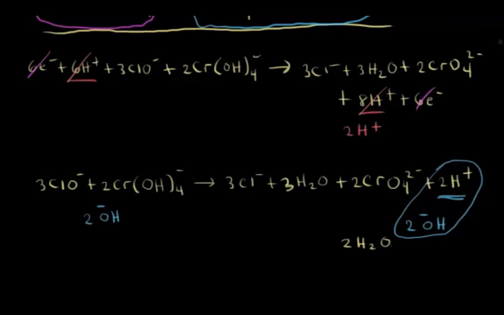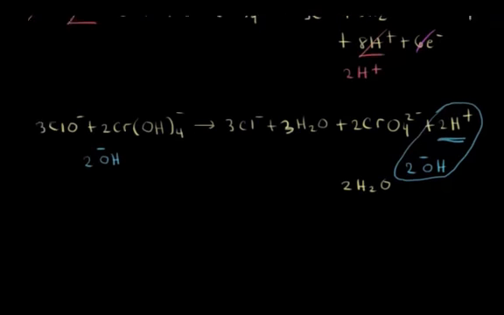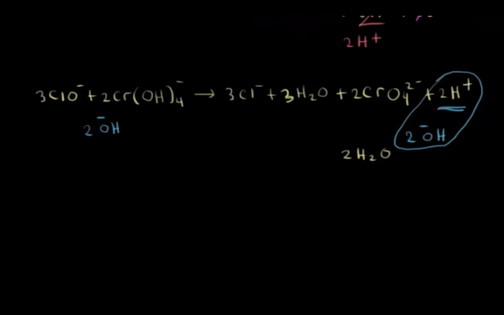And so actually on the right side, we're going to get 2 H2Os, so 2 water molecules on the right side. So let's write the final answer here, including everything that we've done. On the left side, we have 3ClO minus plus 2Cr(OH)4 minus, and now we added in those 2 hydroxides, so plus 2OH minus.